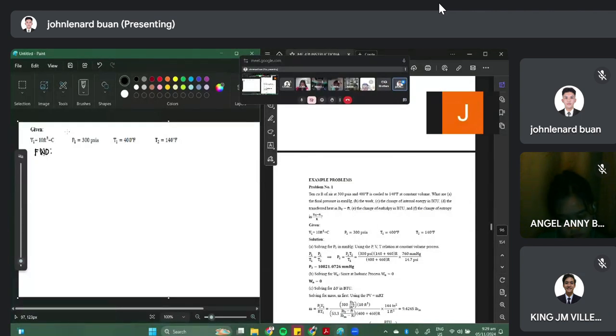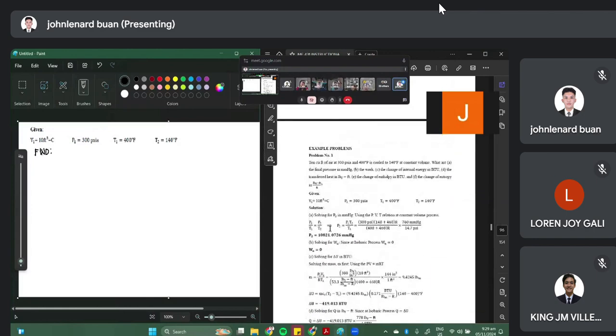So we have there A, B, C, D, E, F. We have 6 missing parameters, pinapahanap sa atin. We are tasked to find 6 parameters.